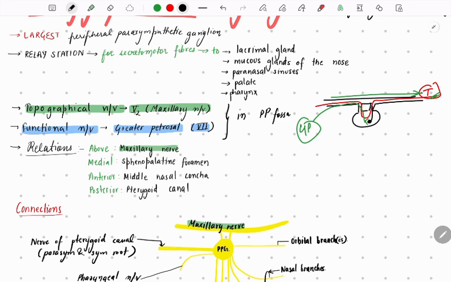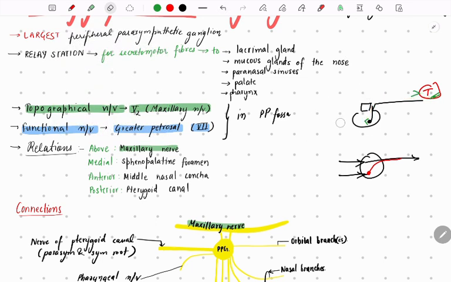So when there is a ganglion, we have the topographical nerve coming, the functional nerve coming, but the one leaving is only the topographical one. The functional fibers, after relay, will join the topographical nerve, and then the topographical nerve will contain both the fibers. So this concept you need to remember. This will help you a lot.